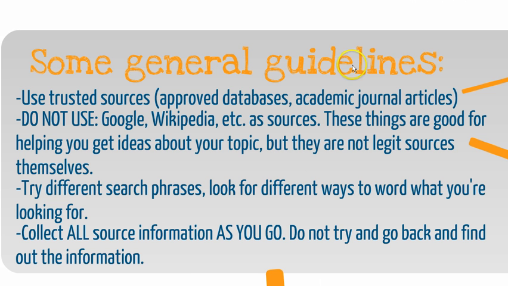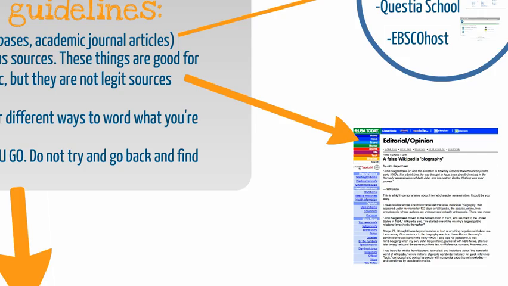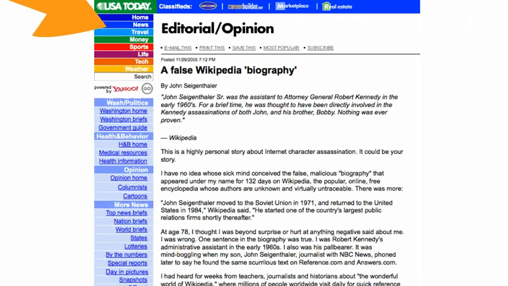Whereas the academic journal articles and databases that we're going through, most of the information from those have been peer reviewed. People in the field have looked at them, people have examined them. The facts are actual facts for the most part. Just to give you an example of what we're talking about here, this is an article that came out in USA Today about a false Wikipedia biography.